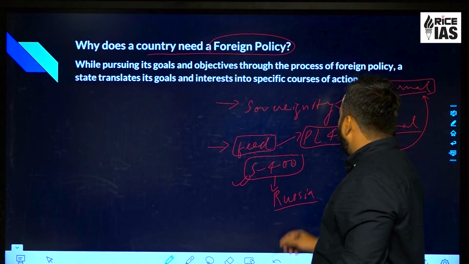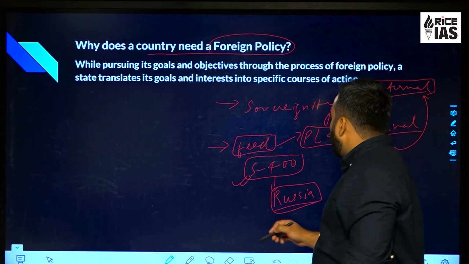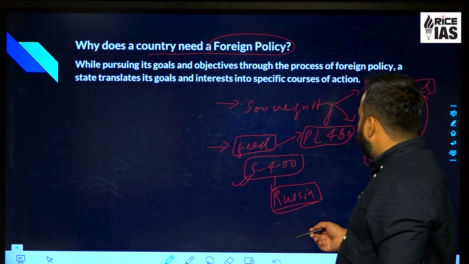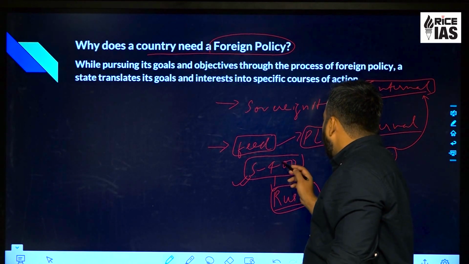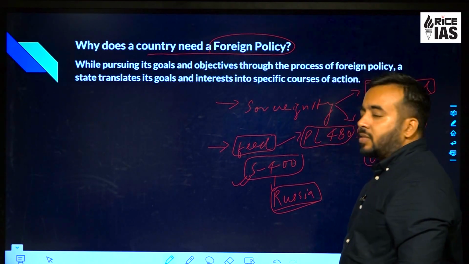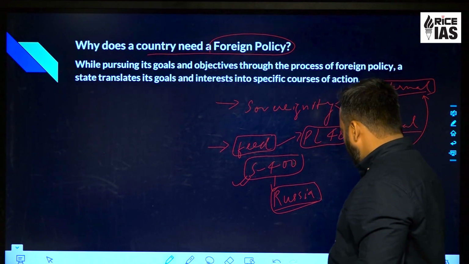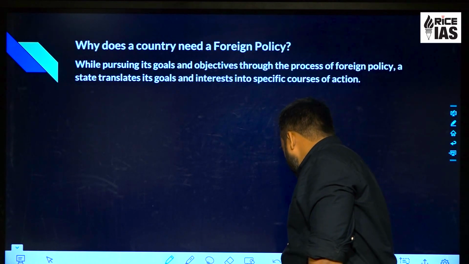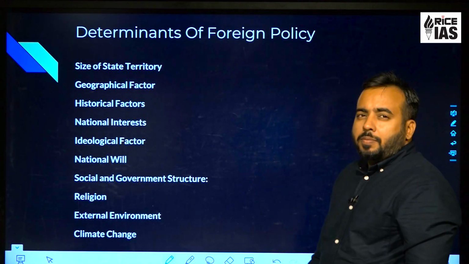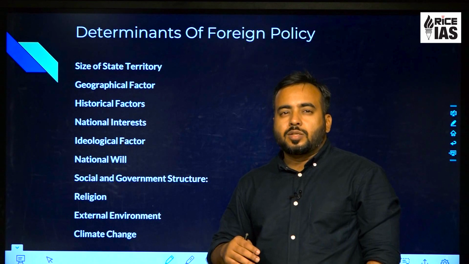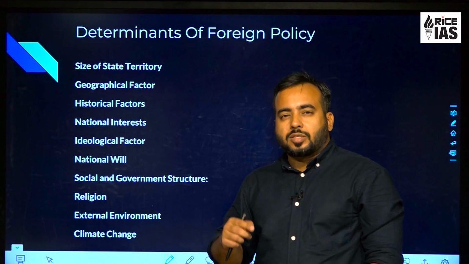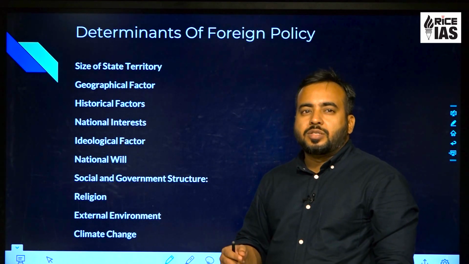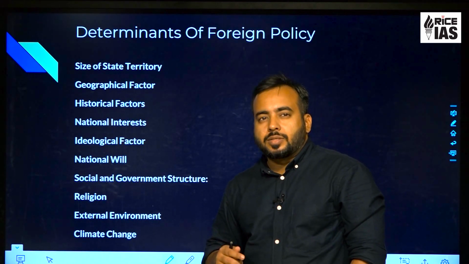And how do we do it? By importing arms and ammunitions, by importing military hardware like the S-400 missile system. And to secure the internal interest, we need to exercise our external sovereignty, that is to have relationships with other countries.